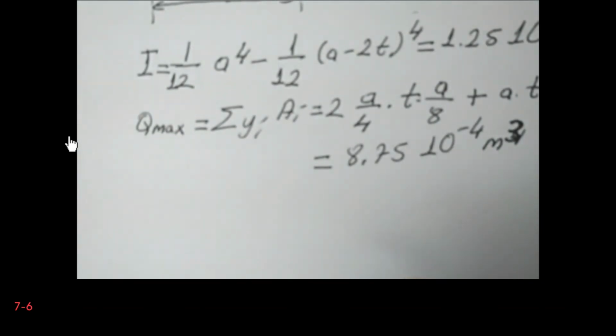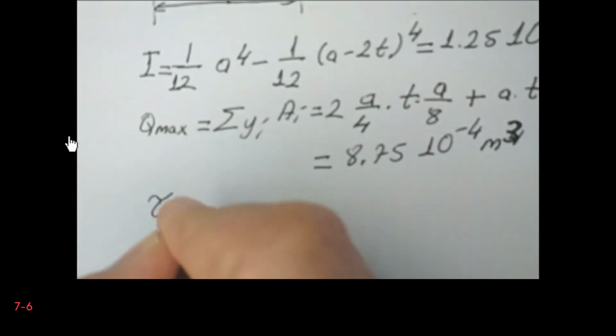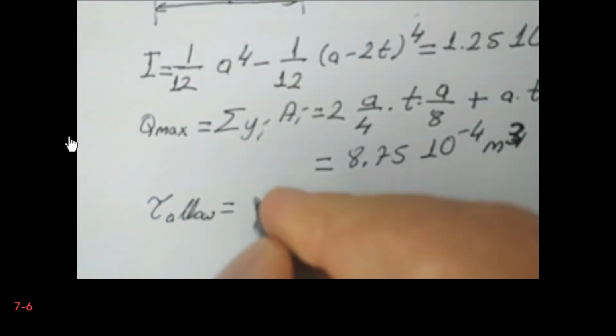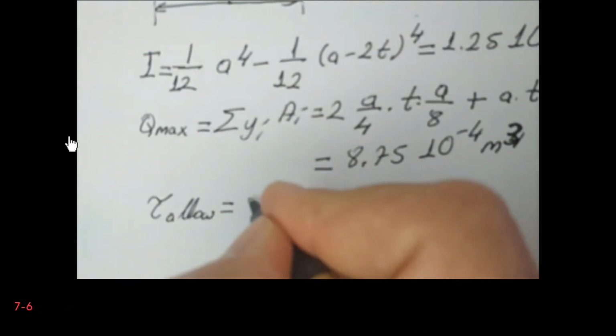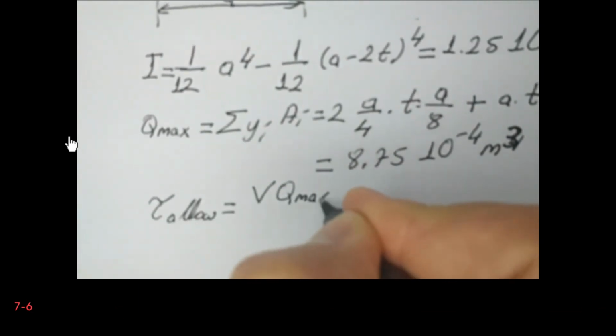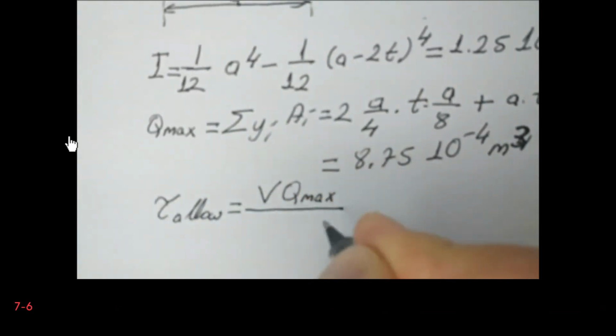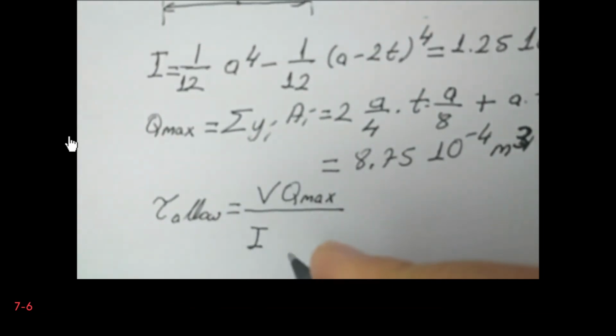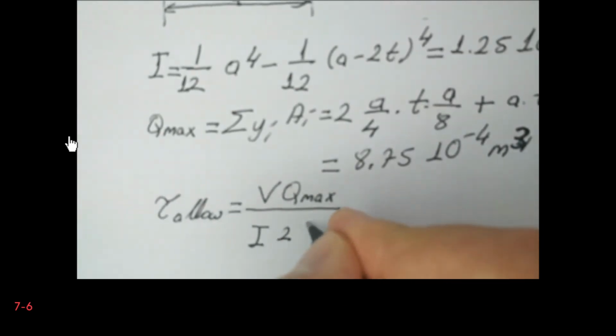Now let's write the maximum stress formula. In fact, allowable stress has to be equal to shear force multiplied by Qmax divided by bending moment of inertia multiplied by the thickness there, the width of the cross section, that is 2t in this case.